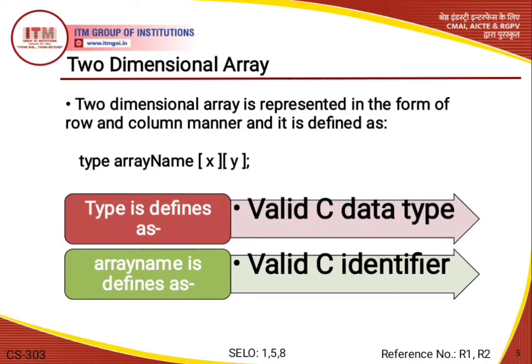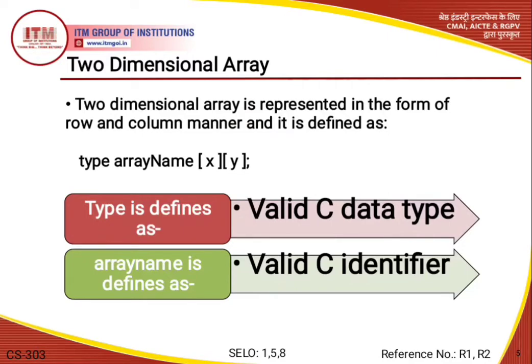For this purpose, we declare the two-dimensional array in C language using the syntax: type, then array name, and then x and y in brackets. Here x represents the row and y represents the column.